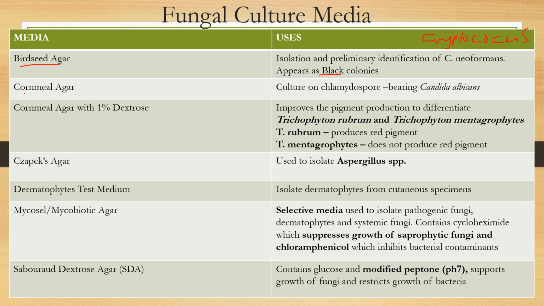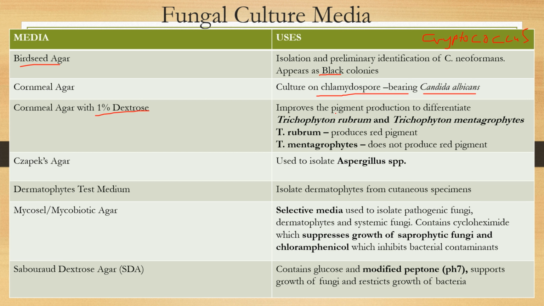Then we have your cornmeal agar, usually used for culturing chlamydospore-bearing Candida albicans. So this is used for Candida albicans, class, for the chlamydospores that are produced by Candida. Then there's also cornmeal agar, but this time with an additional nutrient, 1% dextrose.